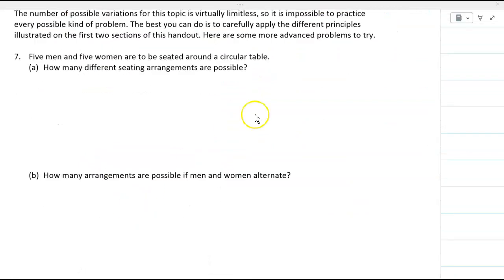If 5 men and 5 women are seated at a table, let's say not circular, how many arrangements are possible if they alternate? So let the women sit first. 1, 2, 3, 4, 5, so that's 5 factorial.